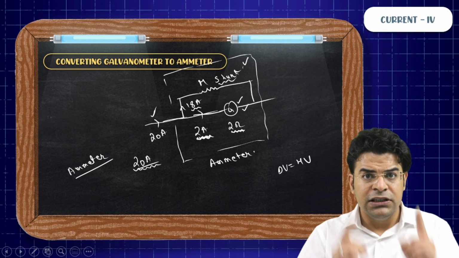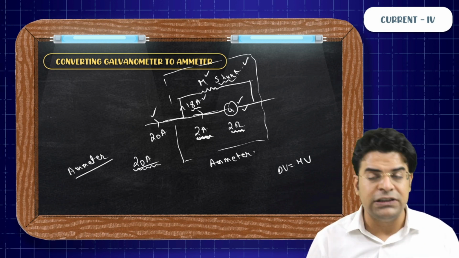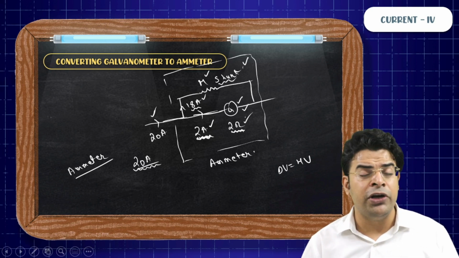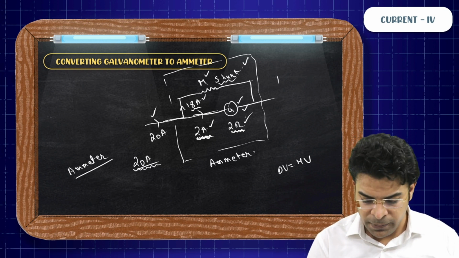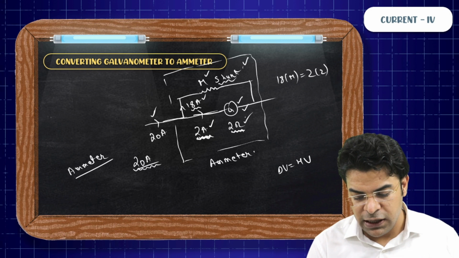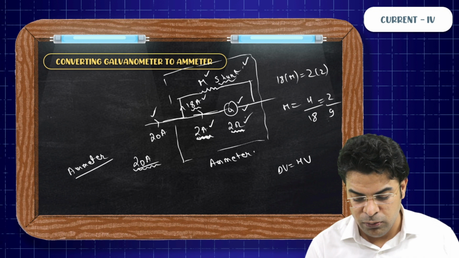Since both of them are in parallel, the current through the shunt multiplied by shunt resistance has to be the same as the current through the galvanometer multiplied by galvanometer resistance. So you will get 18 into R equals 2 into 2. Hence the shunt resistance required is 4 by 18, that is 2 by 9.